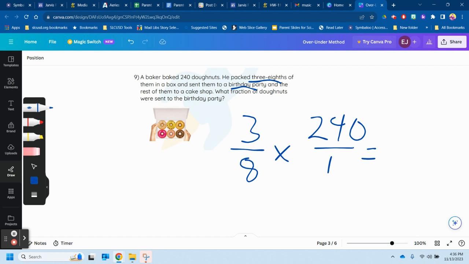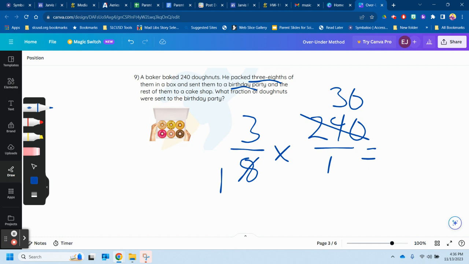240. That's kind of a big number, but 24, I know 3 times 8 is 24. So 8 divided by 8 is 1. 8, I could break this up. 8 divided into 24 is 3. So 8 divided into 240 would be 30. And go straight across. 30 times 3. 3 times 3 is 9.